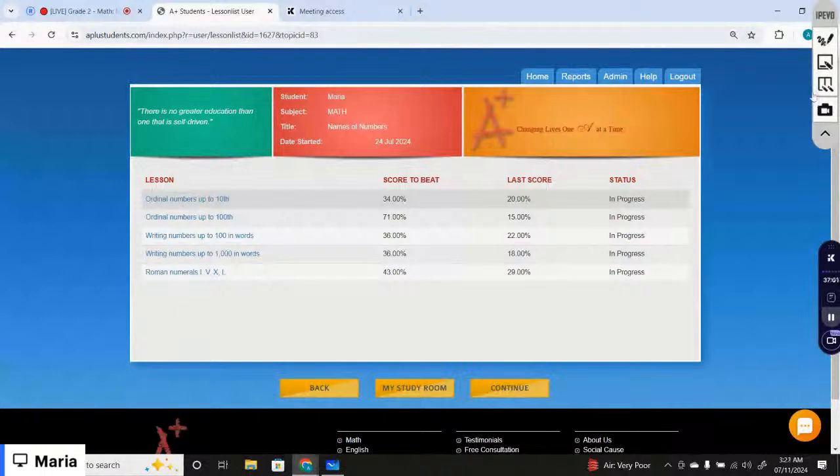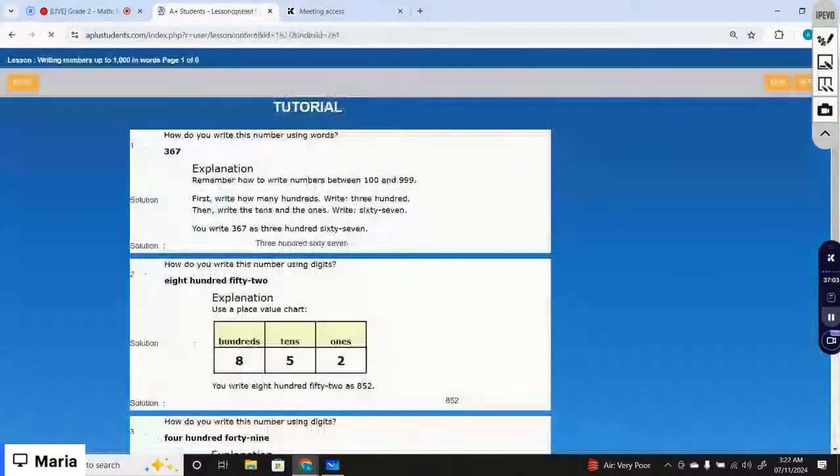The next one is writing numbers up to 1000 in words. How do you write this number using words?